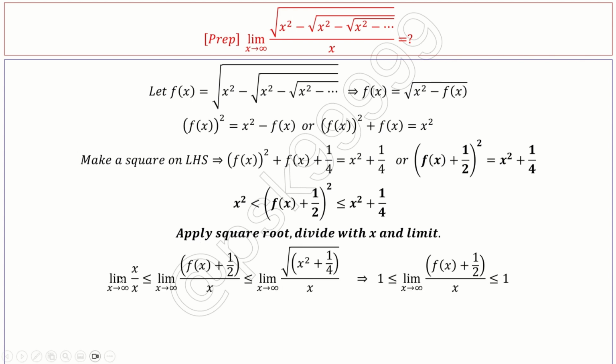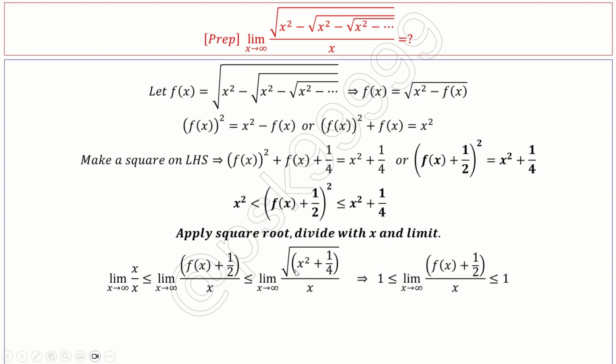Limit x tends to infinity of x by x, because it is square root of x square, which is x, divided by x, is less than or equal to limit x tends to infinity of f of x plus 1 by 2 divided by x, less than or equal to limit x tends to infinity of square root of x square plus 1 by 4 divided by x. I know that the first is 1. And what about the last one?